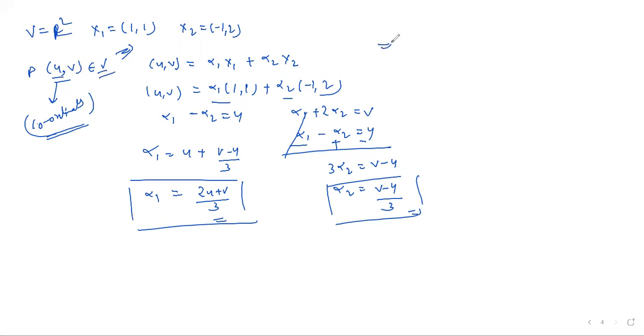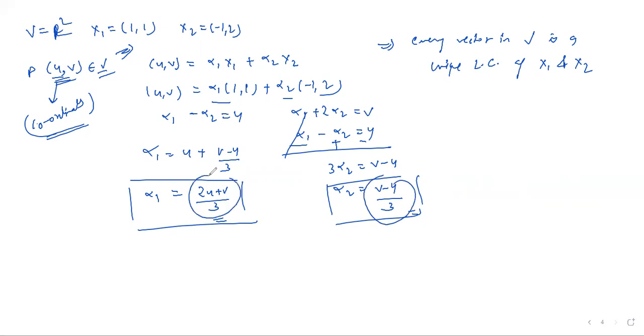Thus, we can see that every vector in V is a unique linear combination of x1 and x2, because we have got the scalars (v minus u) by 3 and (2u plus v) by 3, and also for different values of (u, v) we get different scalars alpha 1 and alpha 2.